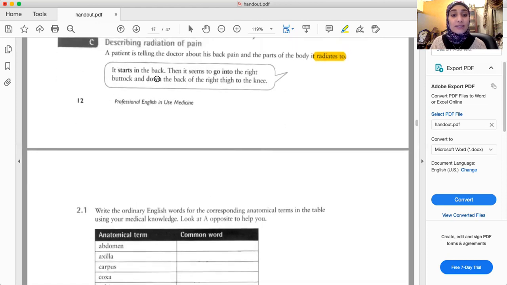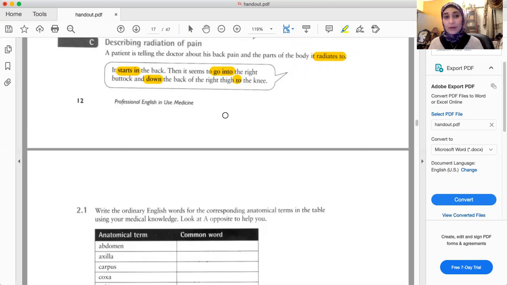It starts in the back. It here refers to pain. The pain starts in the back, then it seems to go into. So we have here start in and then go into the right buttock and down the back of the right thigh to the knee.